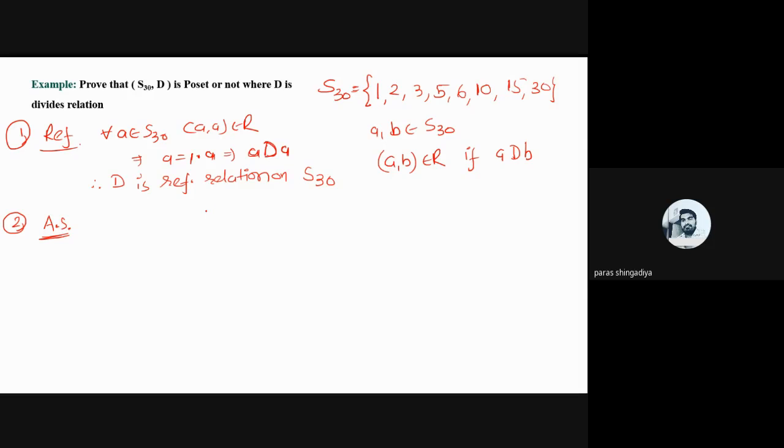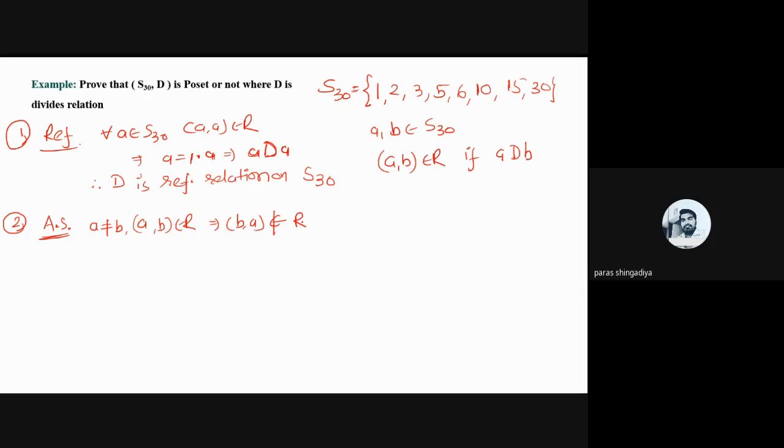So the condition of anti-symmetric, we have for A not equal to B, if A, B belongs to R, this implies B comma A does not belong to R. Okay, and now let us prove it.